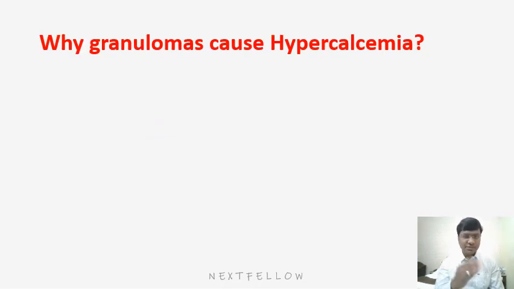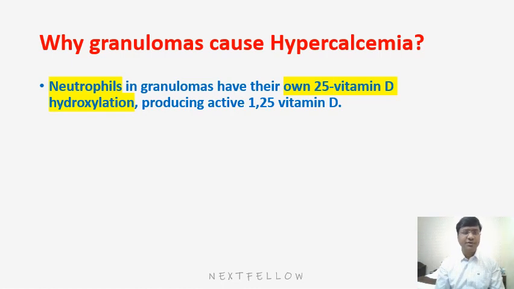Now, the question is, we were just discussing sarcoidosis, tuberculosis and berylliosis, which cause hypercalcemia. Why do these granulomas cause hypercalcemia? The reason is that the cells in granulomas, the macrophages, have their own 25 vitamin D hydroxylation, right?